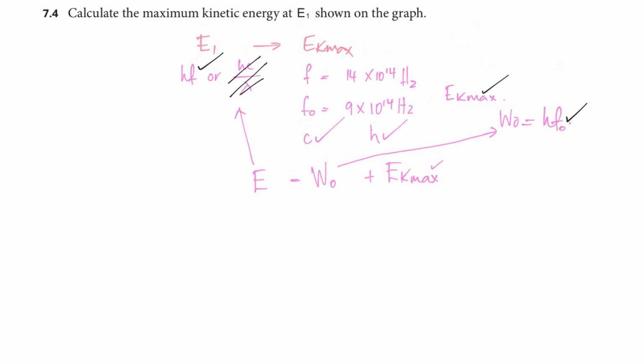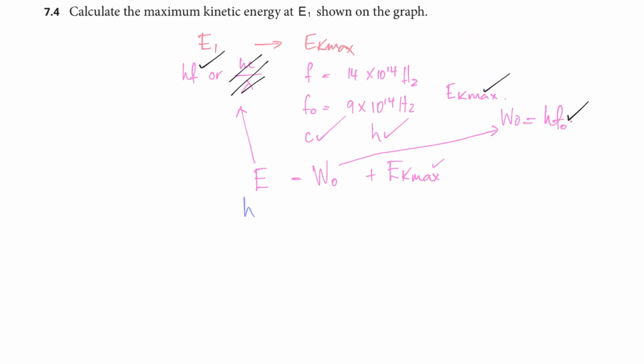So I've got here for E, I've got HF is equal to HF0 plus EK max. The first thing I need to do is sort my formula out so that it looks a little bit better for me to work with. So I'm going to say EK max is equal to HF minus HF0. And then I'm just going to put all the information in.